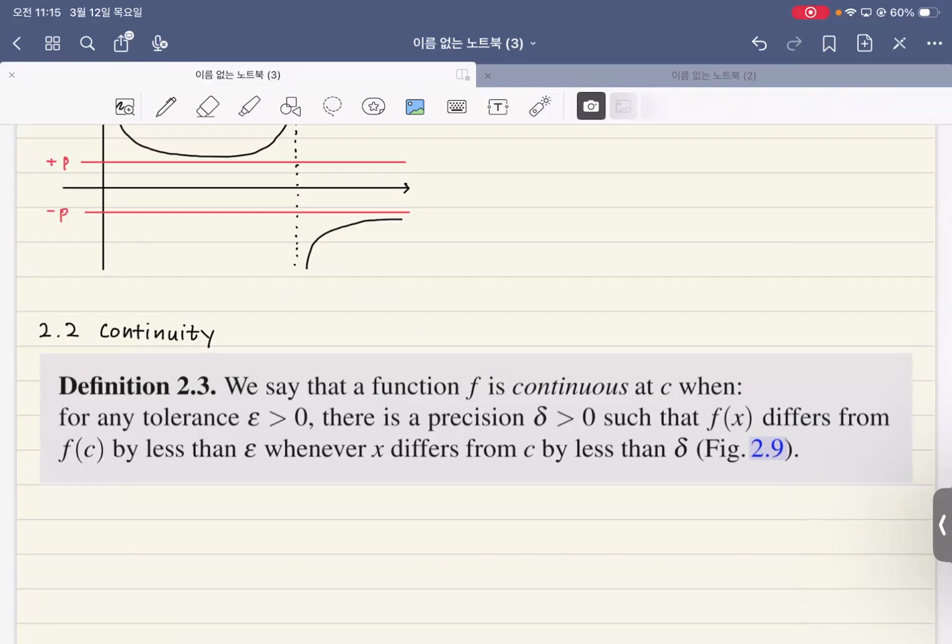Finally, time to introduce one of the most notorious definitions in freshman calculus, which is the epsilon and delta argument.